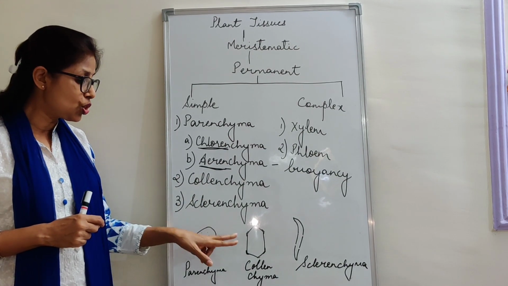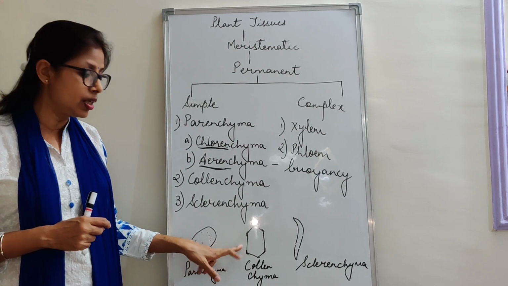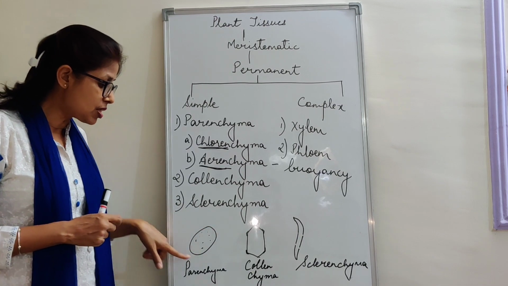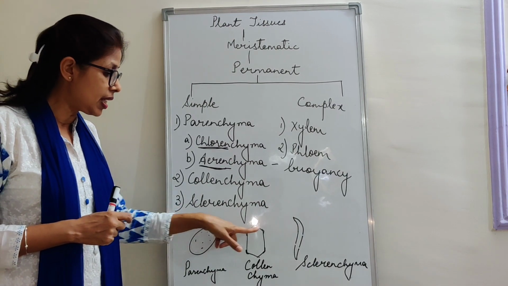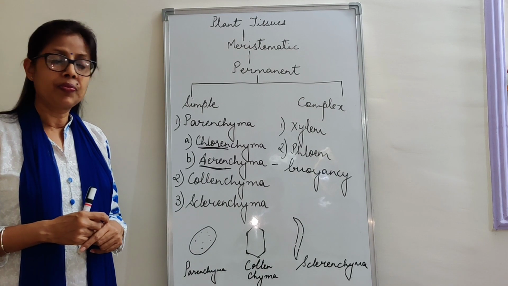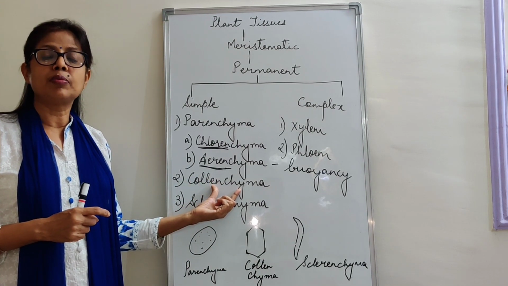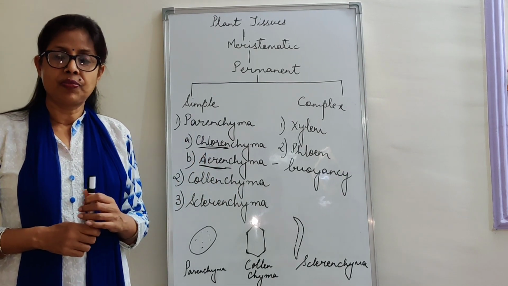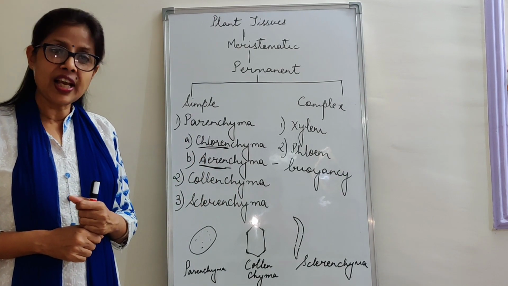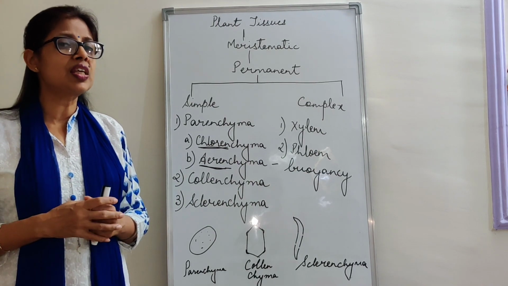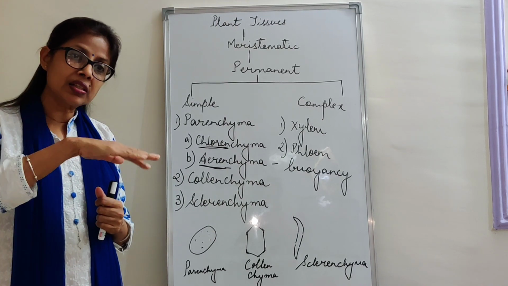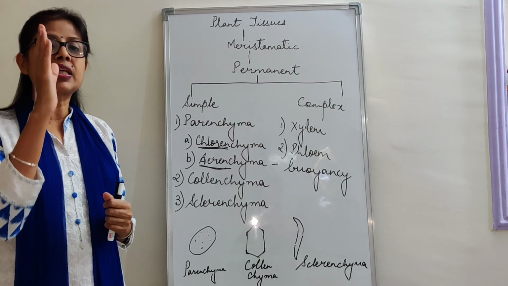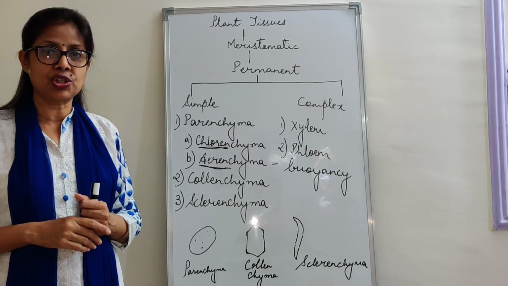Collenchyma are those tissues which you can see I have drawn here. Here it was simple and loose, and here they are thickened at the sides. The main function of collenchyma is to give flexibility to the plant. All of you have seen that when the wind blows, the plant sways, and when the wind stops blowing, the plant comes back to its natural position.